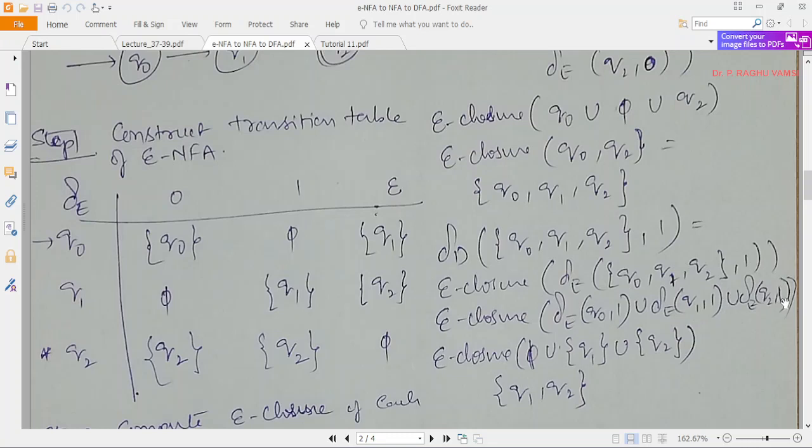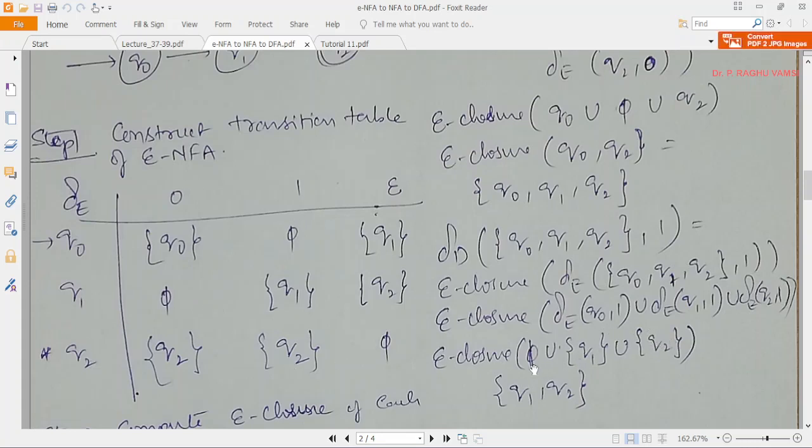(Q2, 1). So δE of (Q0, 1) is the null set, union δE of (Q1, 1) is Q1. So we are going to place Q1 here, union δE of (Q2, 1) is Q2.